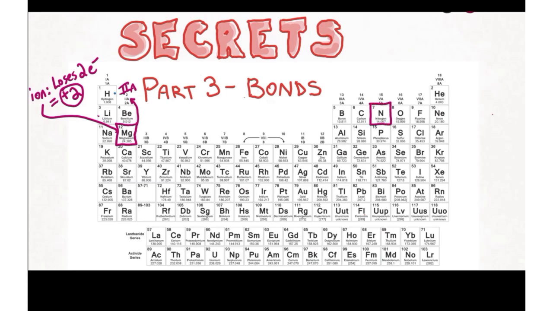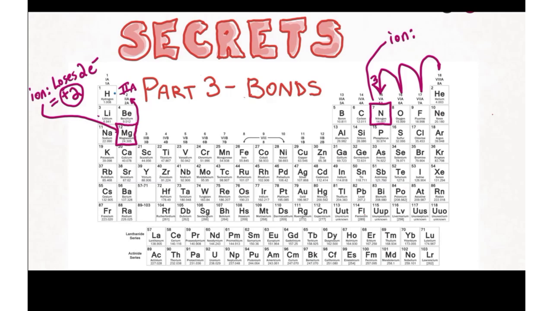So let's say we have nitrogen over here. So now how do we figure out if nitrogen turns into an ion? How do we know how many electrons this nitrogen gains? Well, we count backwards from this last column 8. So 1 column, 2 columns, 3 columns. So that's 3 columns back from the column 8 is nitrogen.